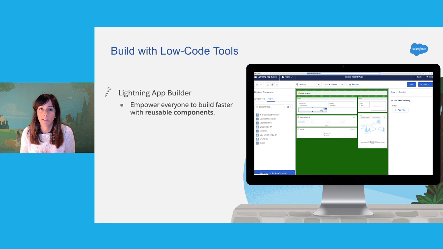In a builder, we have some out-of-the-box components provided by Salesforce, but you can also reuse your Visualforce pages, create your custom Lightning components, and you can even download components from the AppExchange built by your partners. These components are going to be installed org-wide.